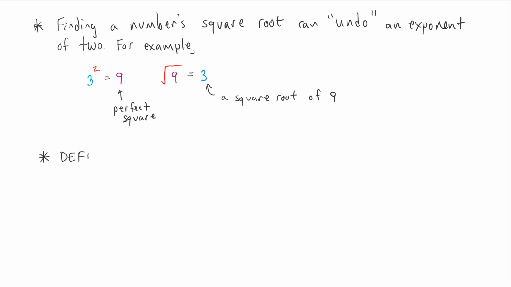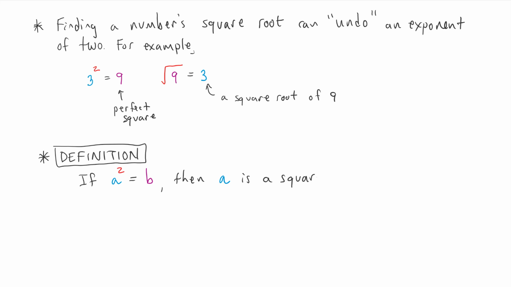So our definition: if you have a number a and you square it and you get a number b, then the number a is a square root of that number b. So it's a fairly short definition.